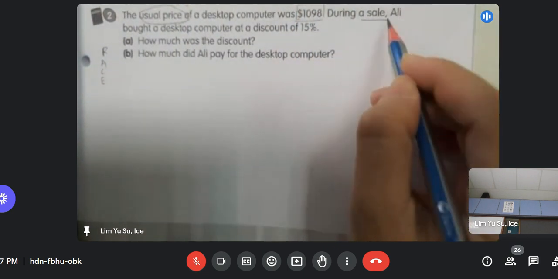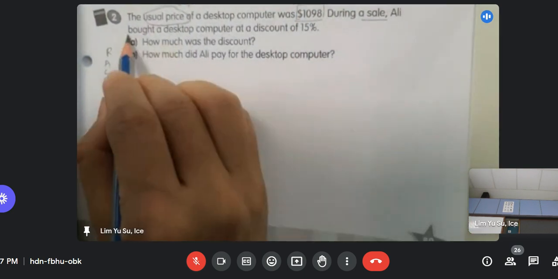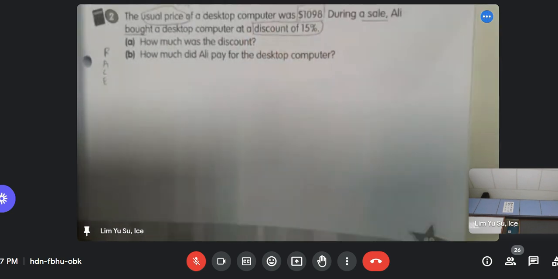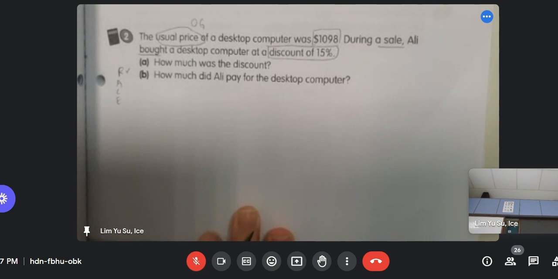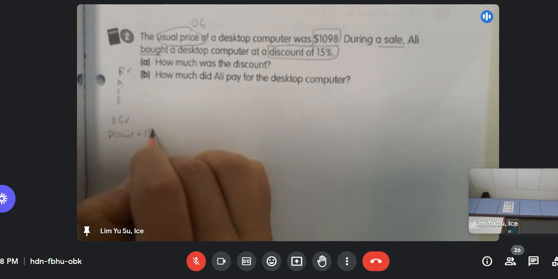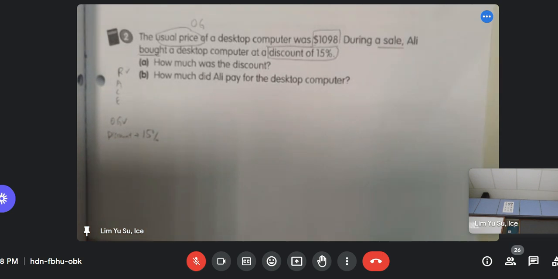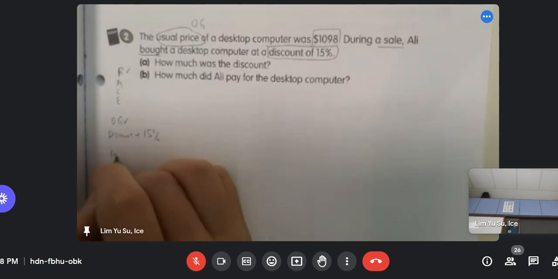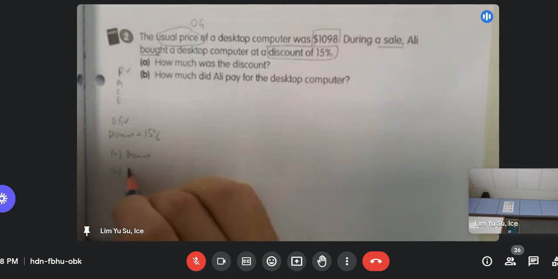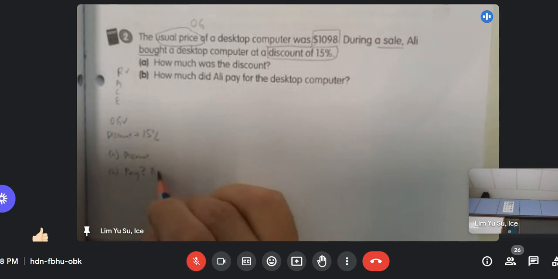During the sale, I got the computer at a discount of 15%. So you were given the original price, given the discount value of 15%. There are A and B. A, find the discount. B, how much do you pay after the discount.